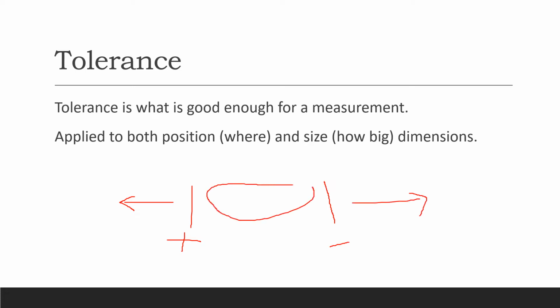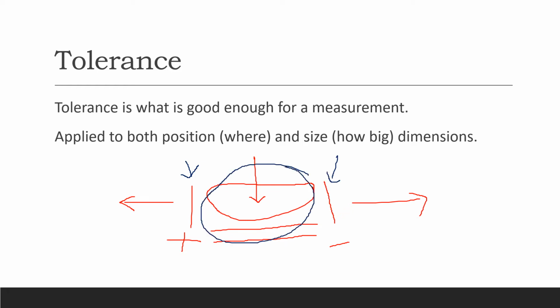If your product design measurement, the true value, is this much, we expect your inspection measurement or comparison measurement to be within this tolerance. I'm going to use a different color here. Within this tolerance zone. We call this area a zone.